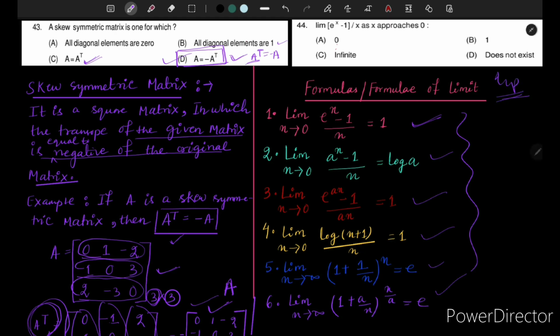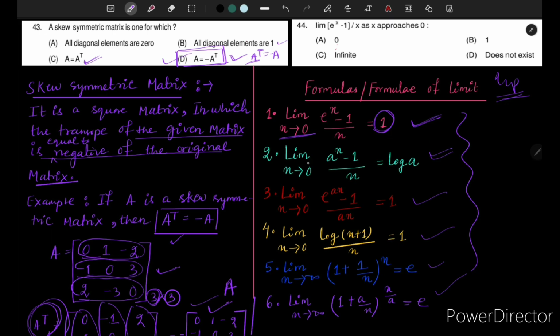The first formula is, limit as x tends to 0 of e to the power x minus 1 divided by x, and the value of that limit is 1. Whenever there is a question of limit e to the power x minus 1 divided by x, where x approaches 0, the answer will be 1.